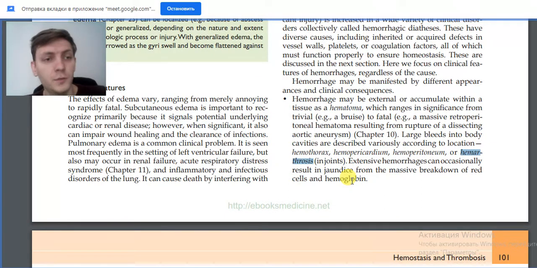Usually we think that jaundice is somehow related to the liver. But in this case, when we have excessive injury of RBCs, it is caused by extrahepatic causes.